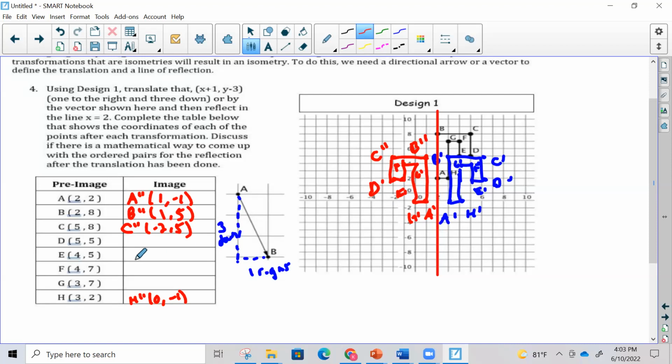D is at -2, 2. E is here, which is at -1, 2.